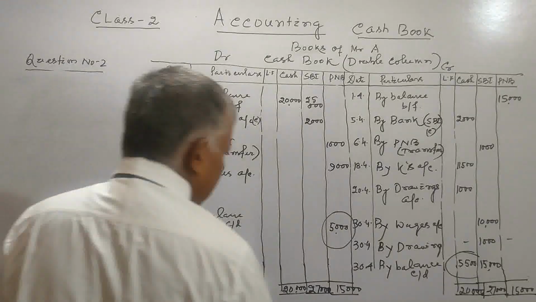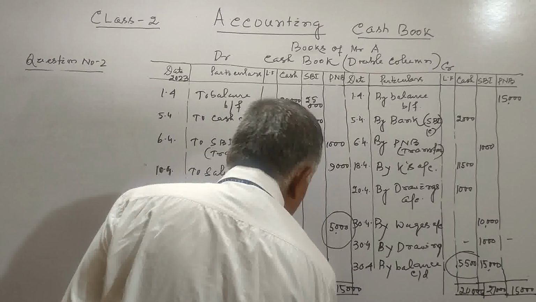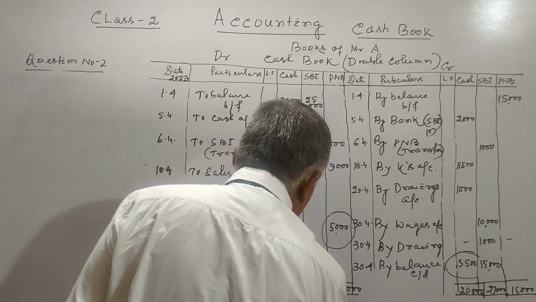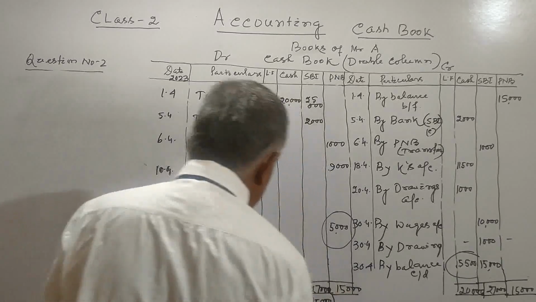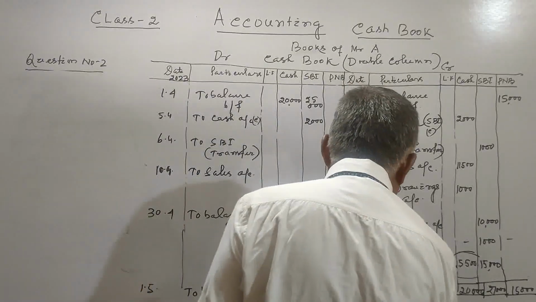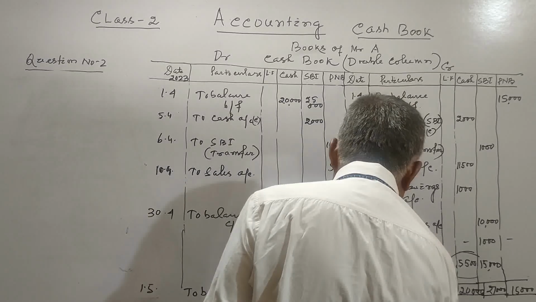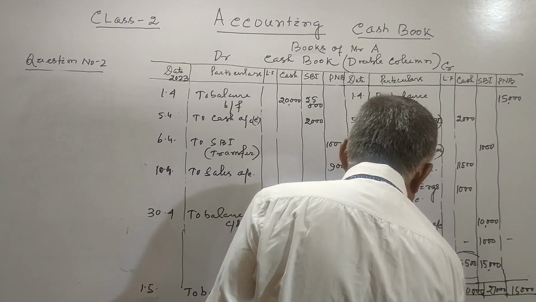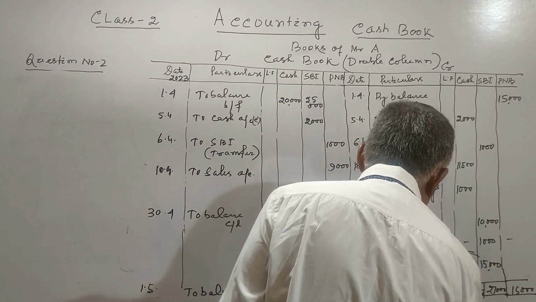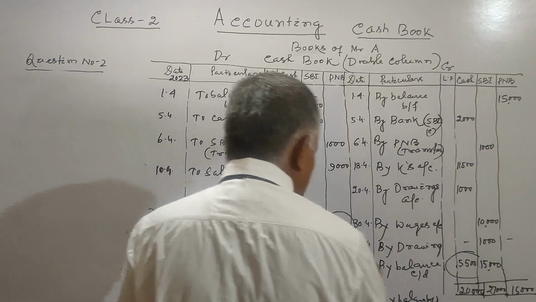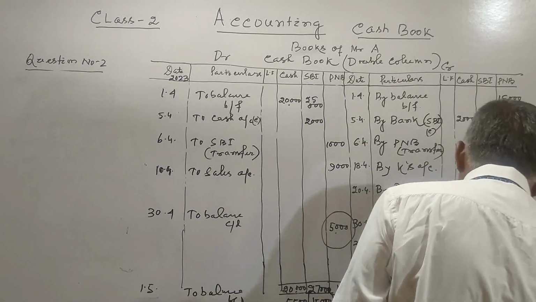In the cash we will write 5,500. In the bank we will write 15,000 SBI, right? Here also we will write by balance b/d. This balance will come 5,000.